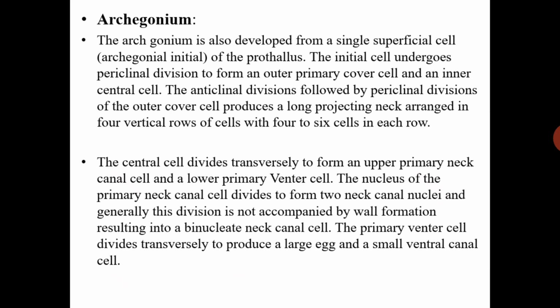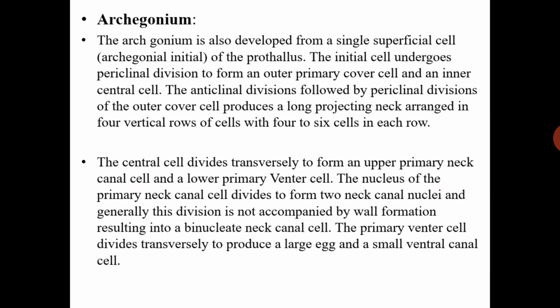Next comes archegonium. That's the female reproductive organ. The archegonium is also developed from a single superficial cell. That's the archegonial initial of the prothallus. The initial cell undergoes periclinal divisions to form an outer primary cover cell and an inner central cell.